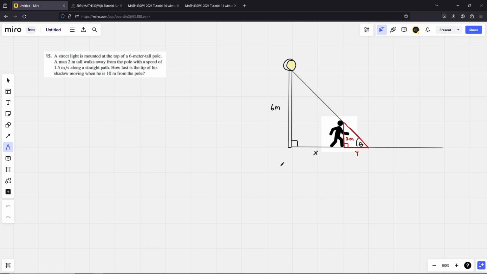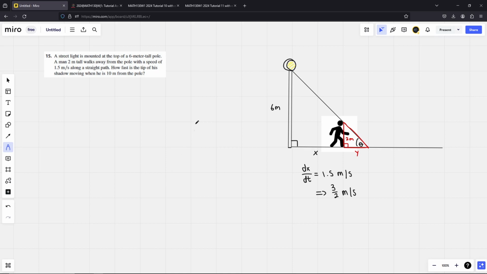So if I think about the distance between the man and the pole and I want to denote it by x, well, x is changing with respect to time. Remember that x is the distance between the man and the pole, and it's changing at 1.5 meters every second. And I can change that into a fraction. It's going to be 3 over 2 meters every second.